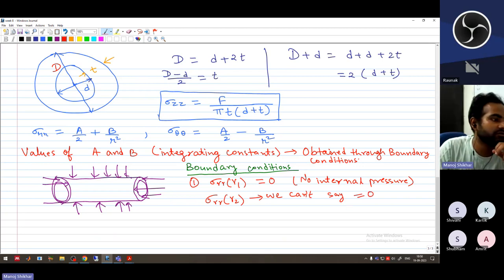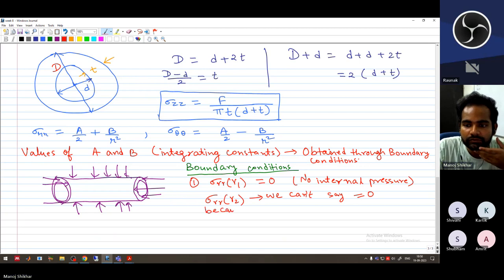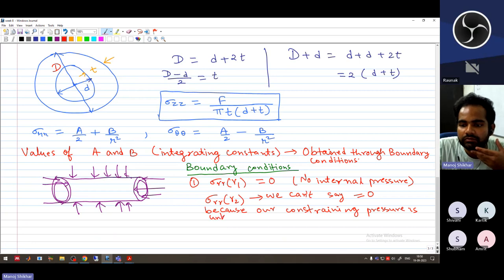We can't say it is equal to 0 because our constraining pressure is unknown. What is the constraining pressure?